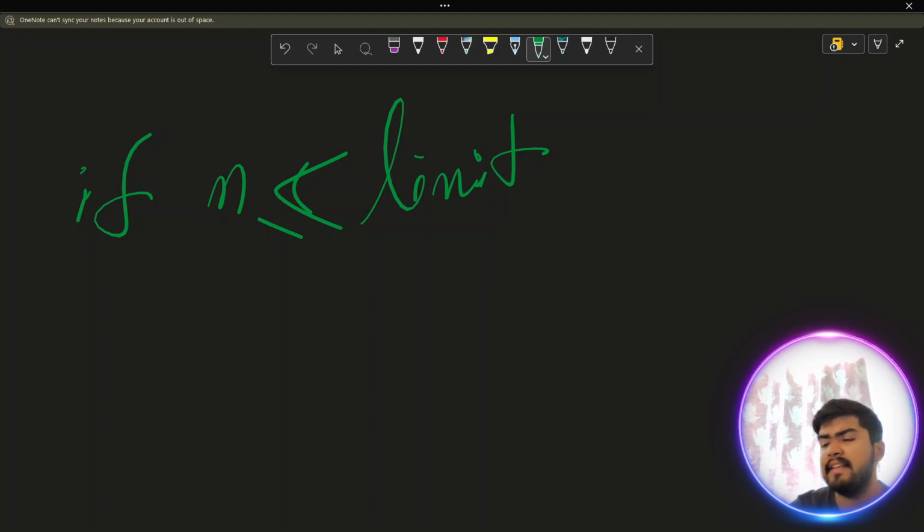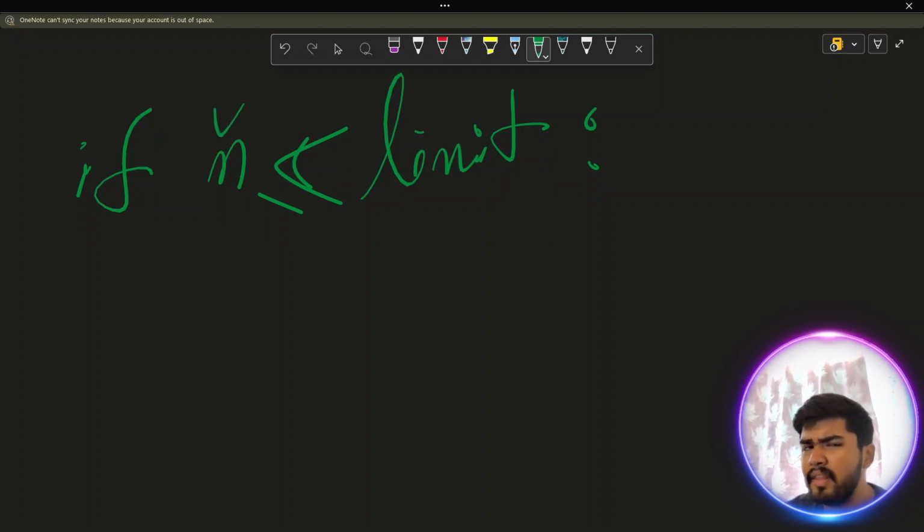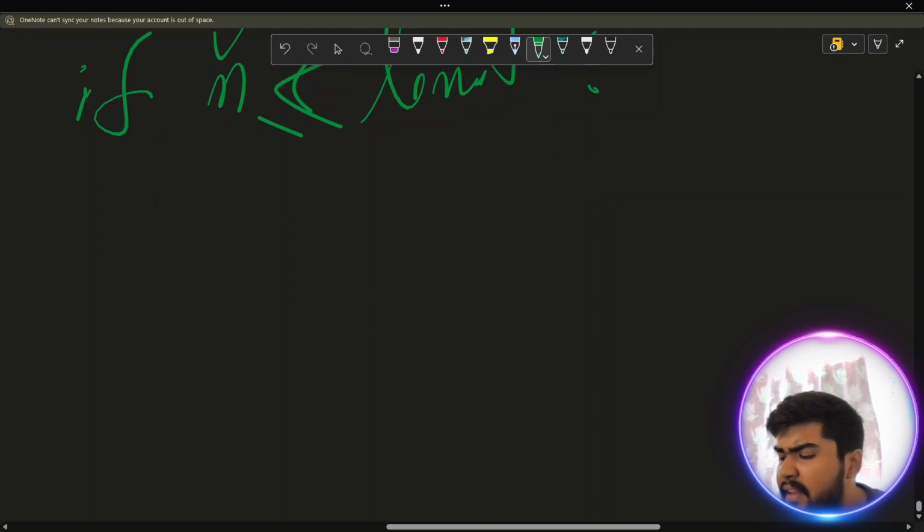In that case, can there ever be a condition where, in any permutation or any combination I can do, one of them, either the first, second or third, is going to take more than limit candies? It is never possible, because our total number of candies is altogether smaller than my limit. Yes. Then in that case, let's see what the case can be.